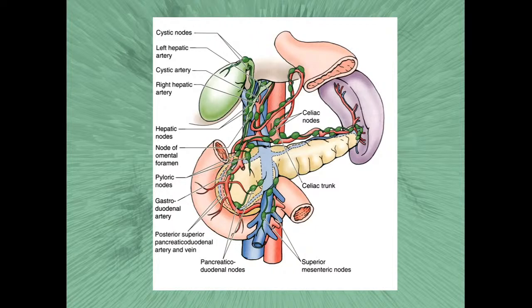This group is represented by the pancreatosplenic lymphatic nodes. By the way, this splenic artery also gives off pancreatic branches to the pancreas. Then, from the mentioned groups of lymphatic nodes to the celiac lymphatic nodes, and also superior mesenteric lymph nodes, then to the intestinal trunk, and finally to the thoracic duct.